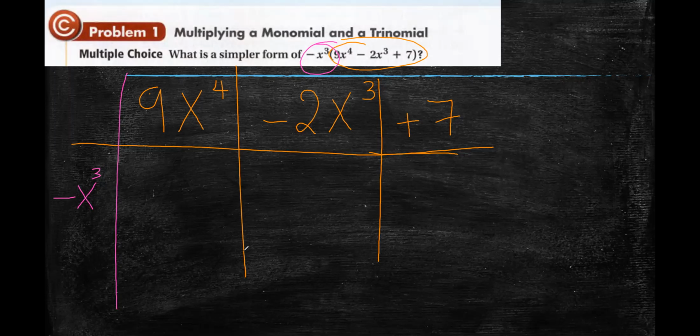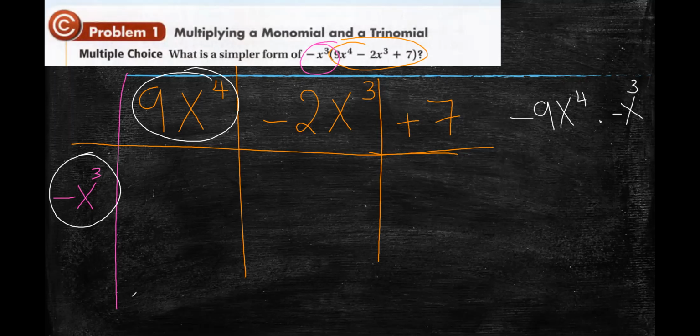Like we did in chapter 7, I multiply 9 with negative 1.